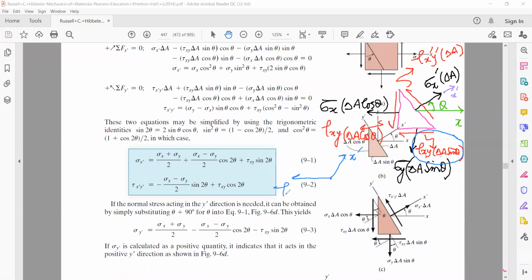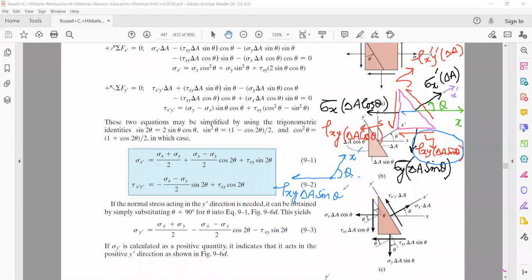The angle between them is theta, because you can draw this force parallel to itself. By taking a force parallel to itself, from mechanics, the magnitude and nature of the force do not change.